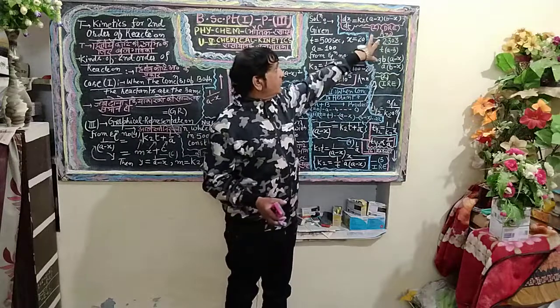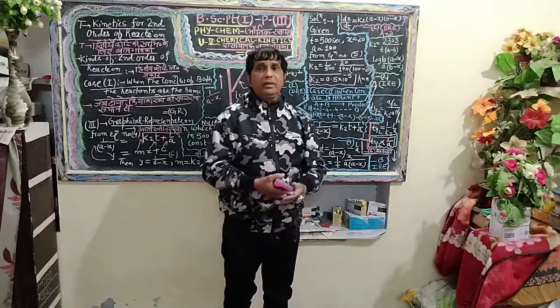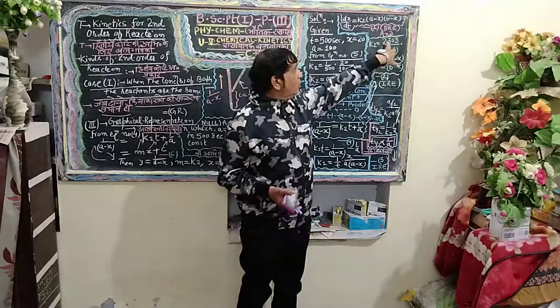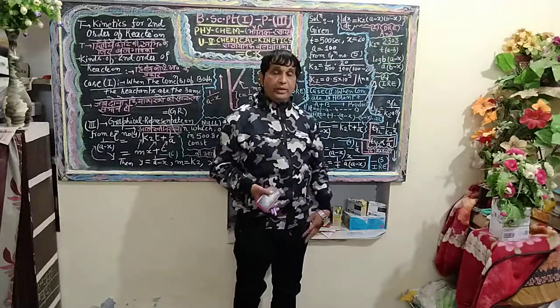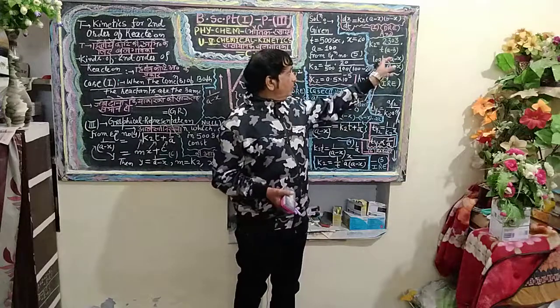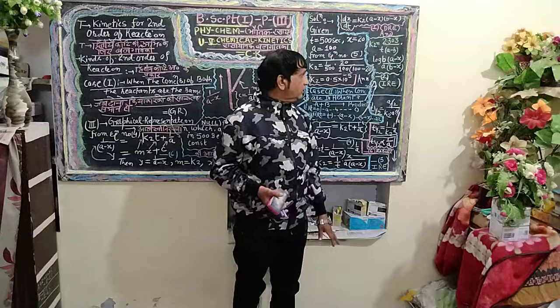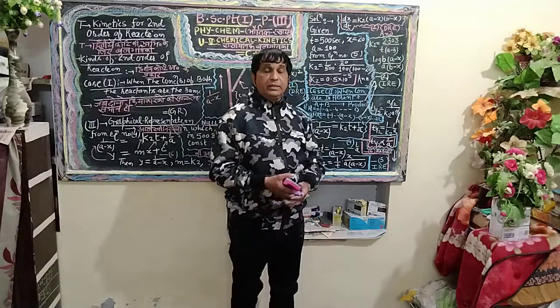On integrating equation number 1 and solving by the similar previous method, k2 is equal to 2.303 upon 2 into (a minus b) into log of b into (a minus x) upon a into (b minus x), which is equation number 2, the integrated rate equation.